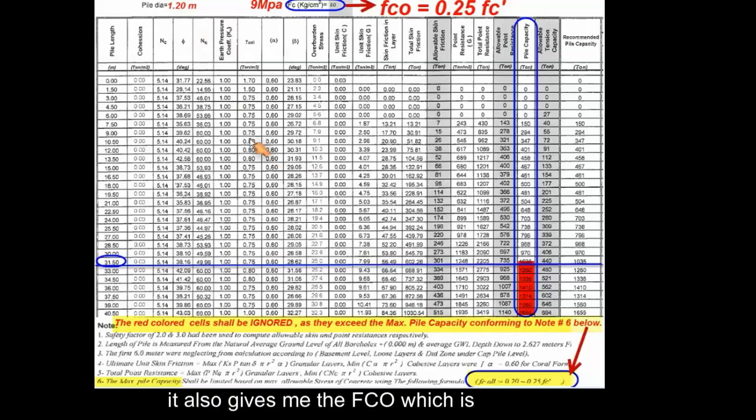It also gives me the fc', which is the axial capacity of the pile, which means that the flexure component is not considered, so we take the load as axial resistance only. Accordingly, we have to reduce its capacity. For example, if it is 25, we take 0.25 times 350 kilograms per square centimeter.